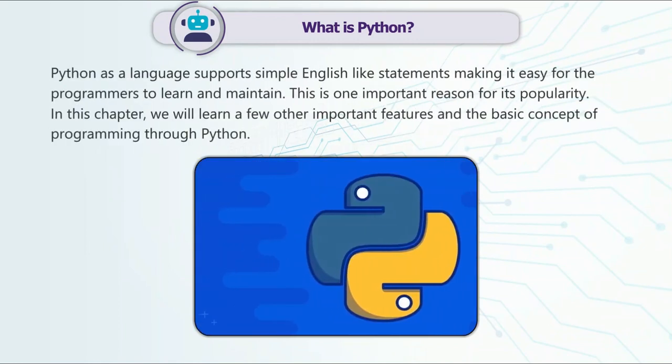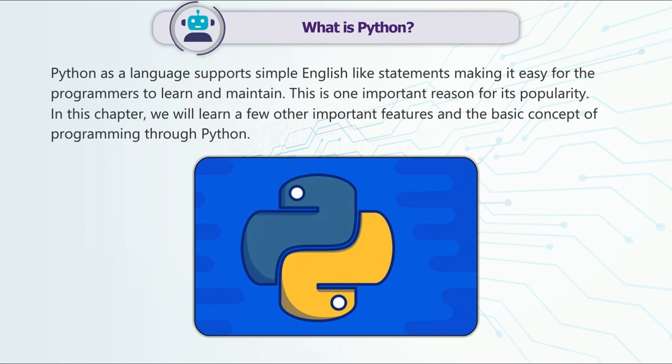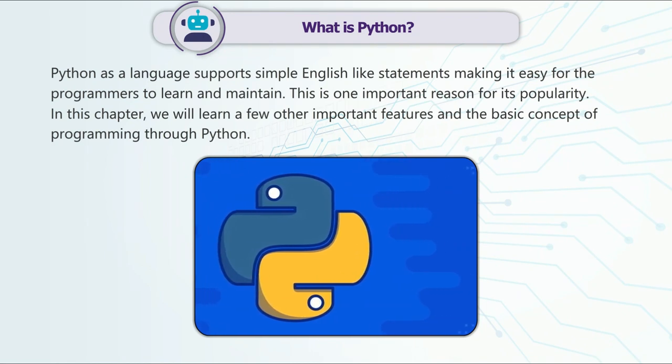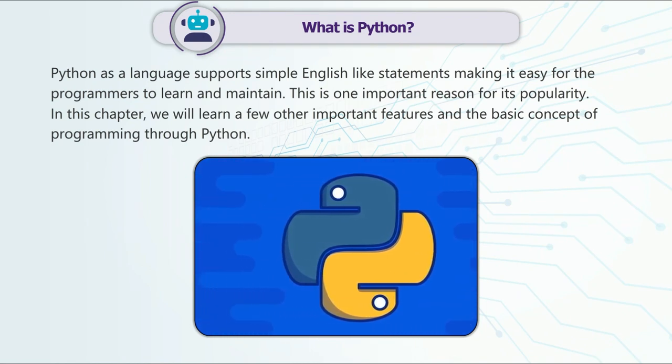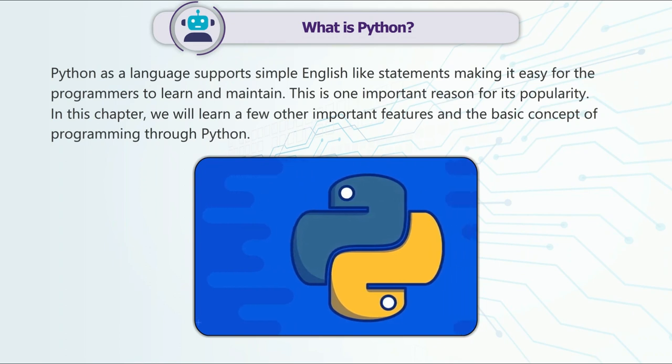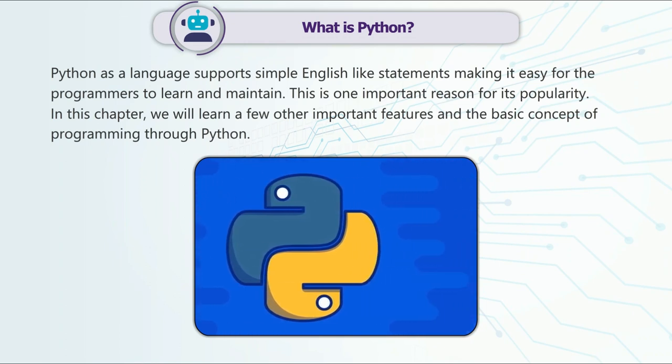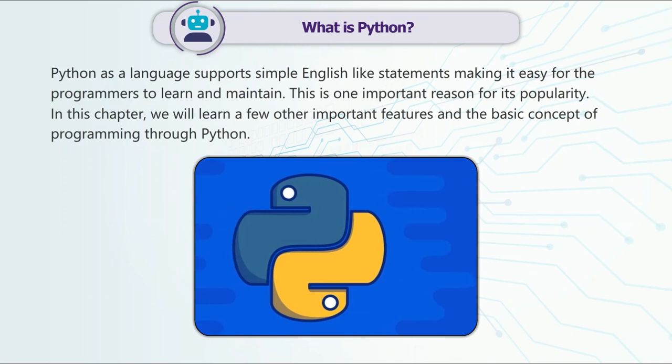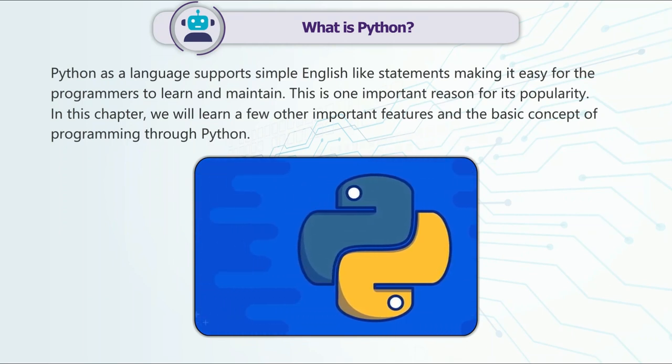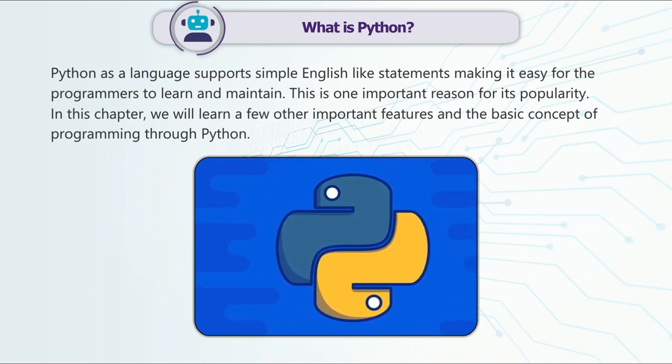Python as a language supports simple English-like statements, making it easy for the programmers to learn and maintain. This is one important reason for its popularity. In this chapter, we will learn a few other important features and the basic concept of programming through Python.